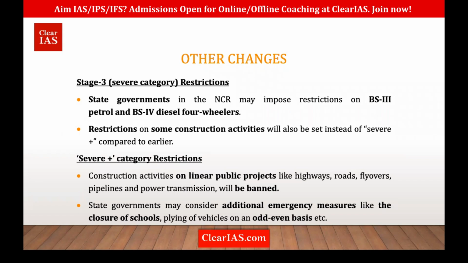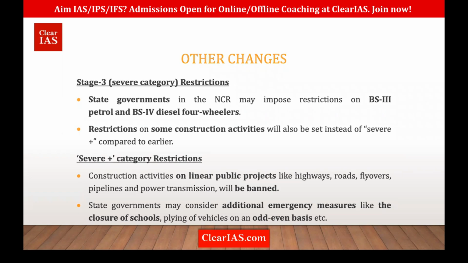So when it is stage 3, that is the severe category, there is a ban or restriction on BS3 petrol and BS4 diesel vehicles in the Delhi NCR region. Also, there is a certain restriction on construction activities. When it is severe plus, then there is a complete ban on construction activities such as highways, roadways, etc. And additional measures such as closure of schools or the odd even policy would be implemented.